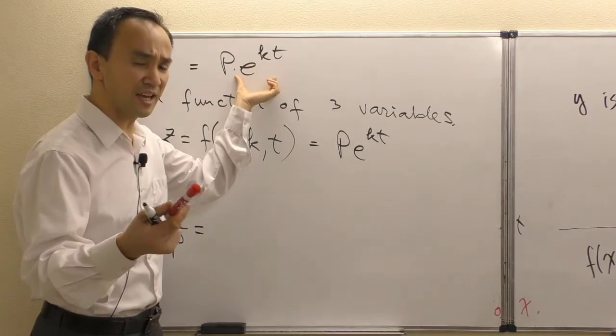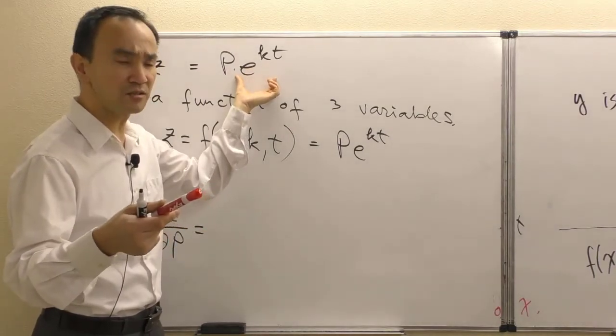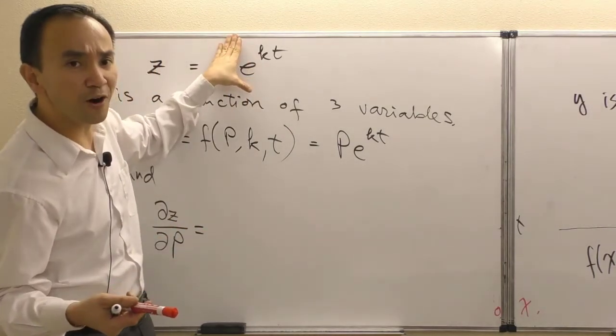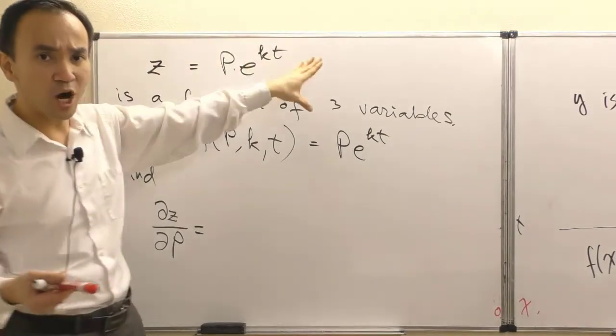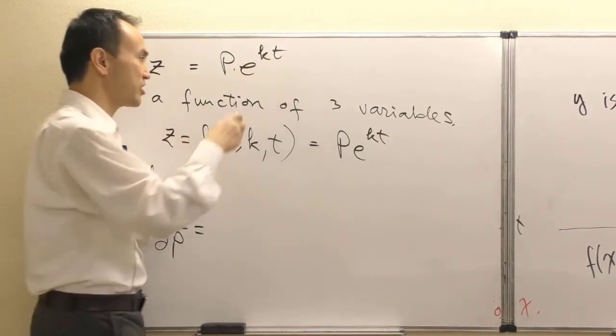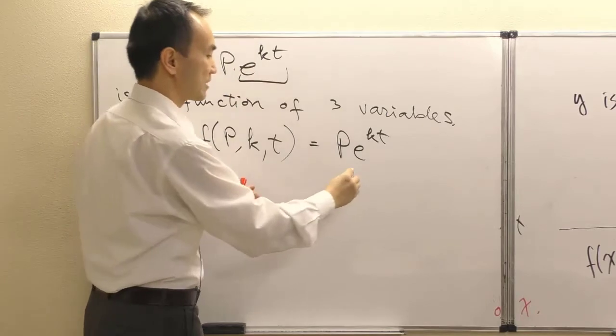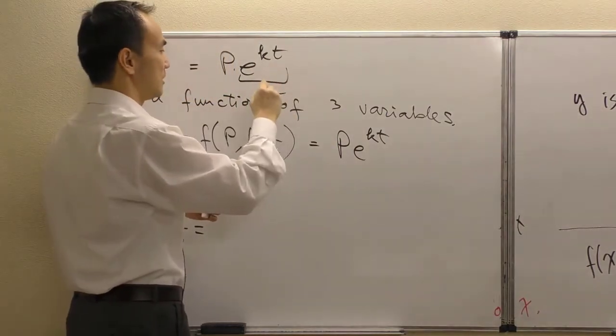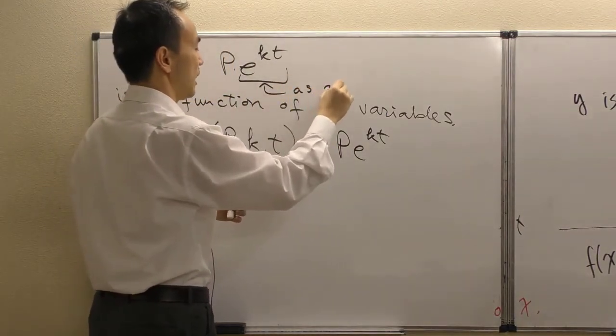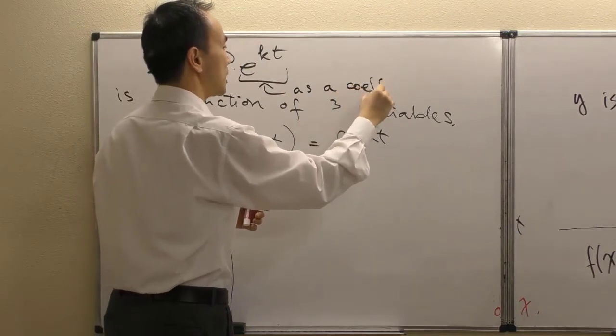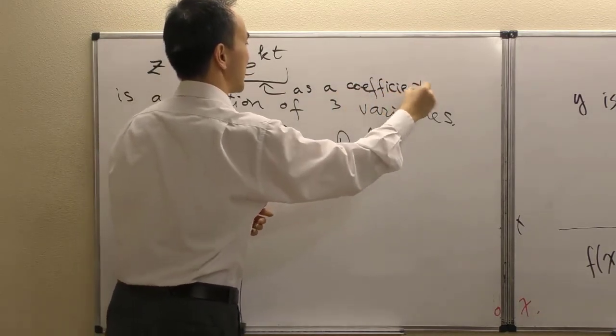But the good thing is that in that other expression, no more p letter is involved. So the entire expression can be regarded as one big, huge coefficient. That's the idea right there.